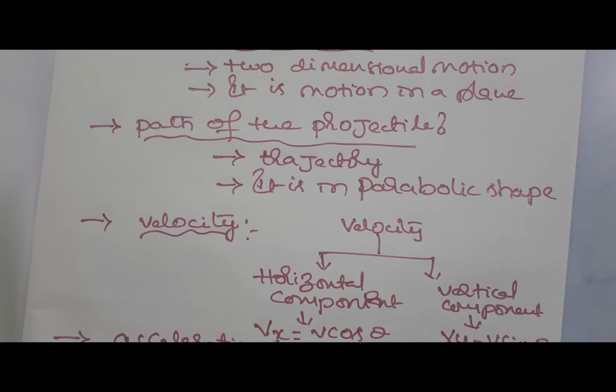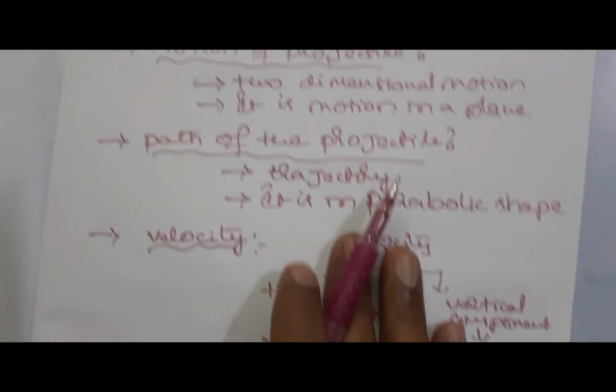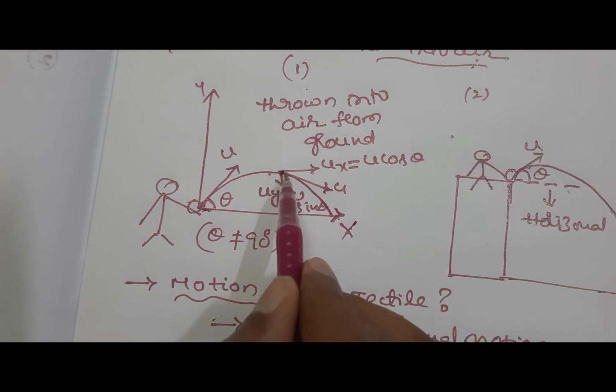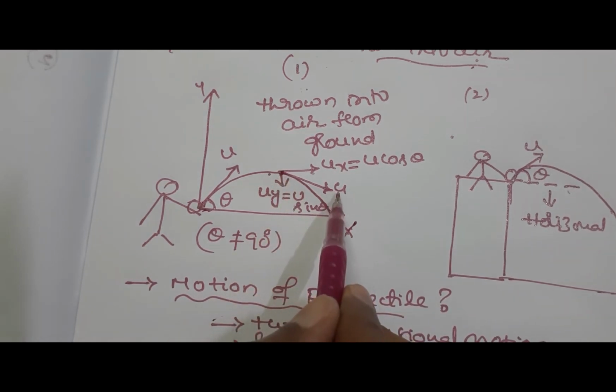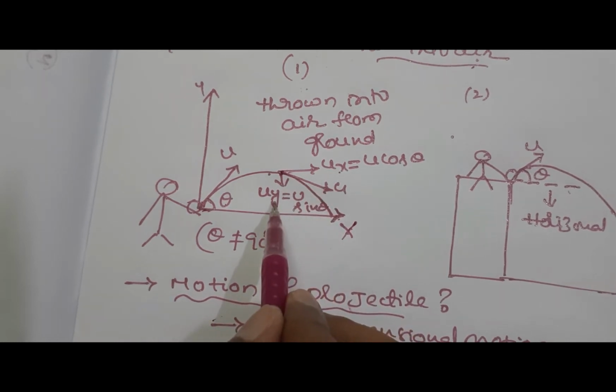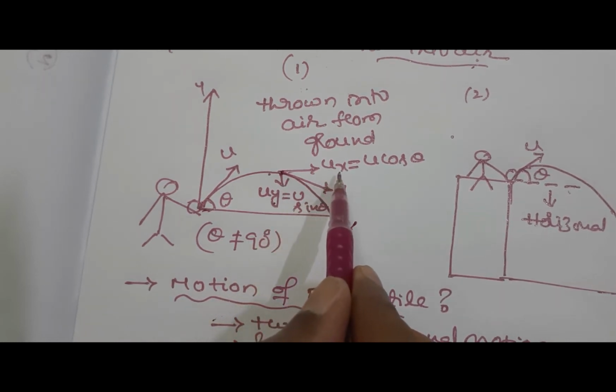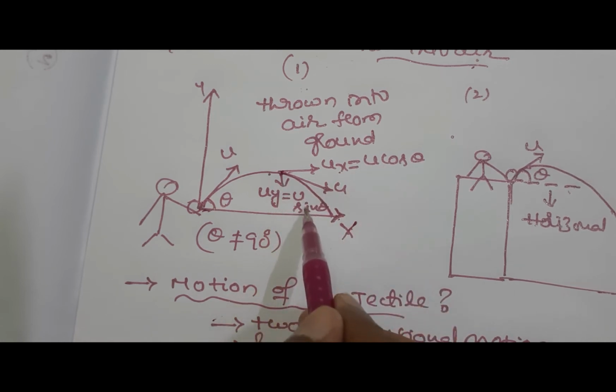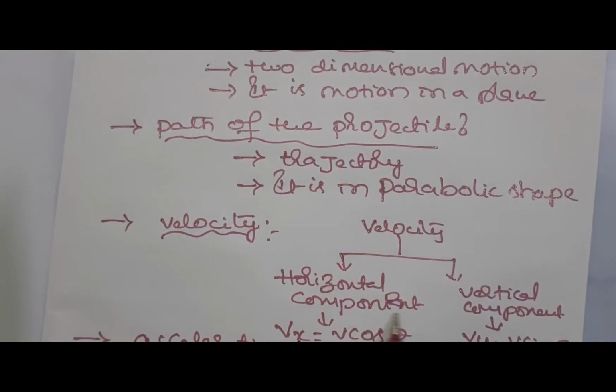The horizontal component of velocity is taken as Vx, and the vertical component as Vy. Here you can see the direction of the initial velocity u. The horizontal component of velocity is ux, and the vertical component is uy. The horizontal component is always taken as u cos theta, and the vertical component is always taken as u sin theta.